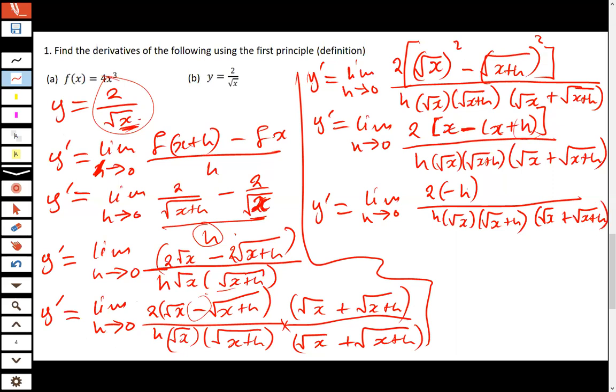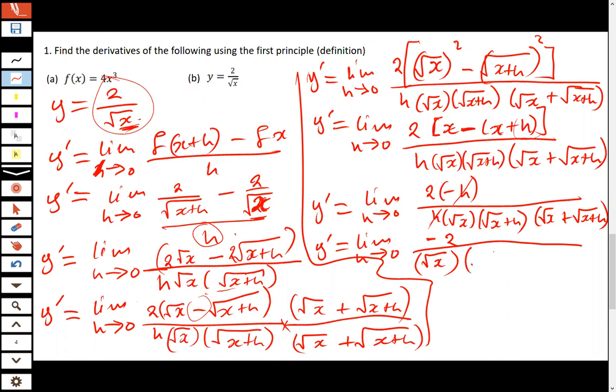So you can see that this h and that h can cancel, and the remaining function will be the limit as h approaches 0 of, on top there will just remain negative 2, and then down we're going to have the root of x, because this h has cancelled with the h on the numerator there.